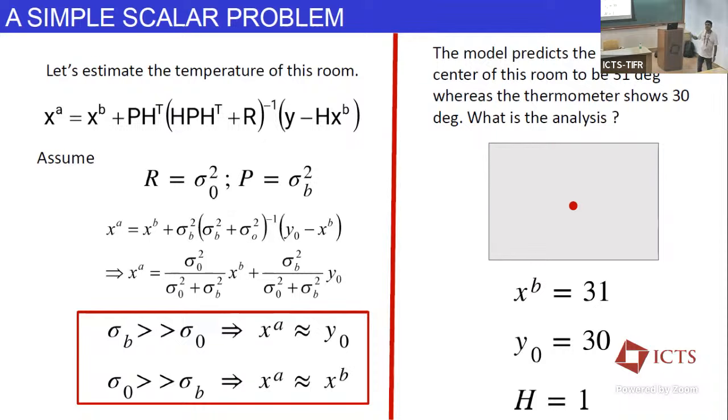With each assimilation cycle, your analysis error is decreasing, which essentially means that as time progresses, you are having more and more trust on your model estimate. The observation estimate remains the same.